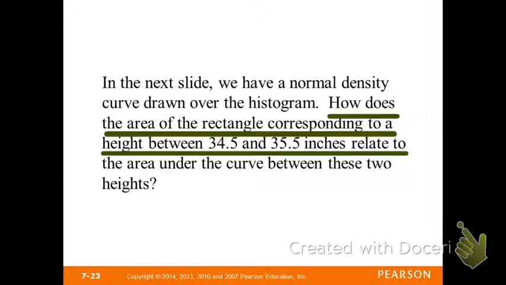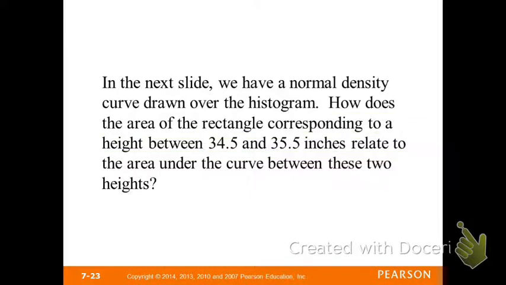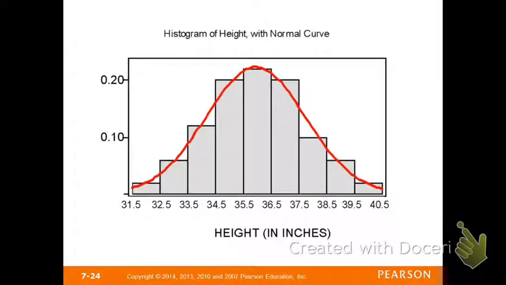So take the area of the rectangle and see how it compares to the area under the curve. So how does the area of this rectangle between 34.5 and 35.5 compare to the area under the curve, which is going to be all of this area, right? So we're talking about area there.